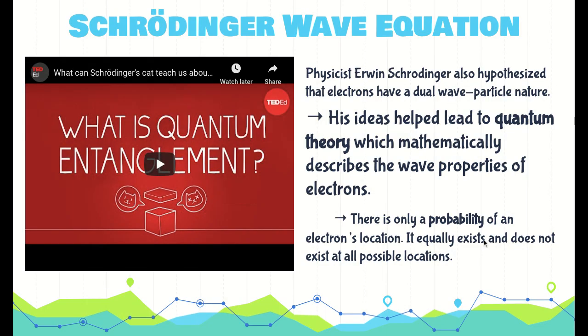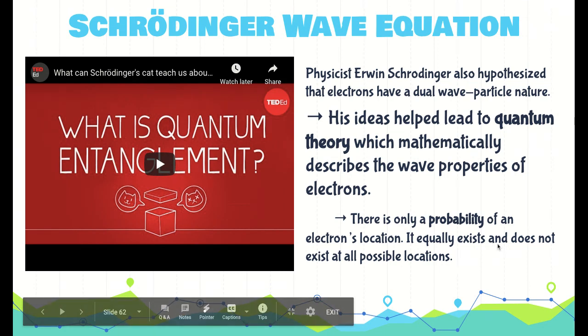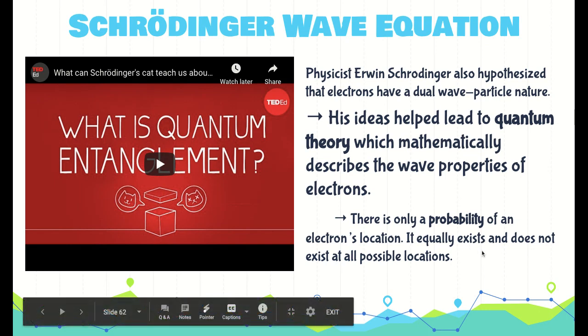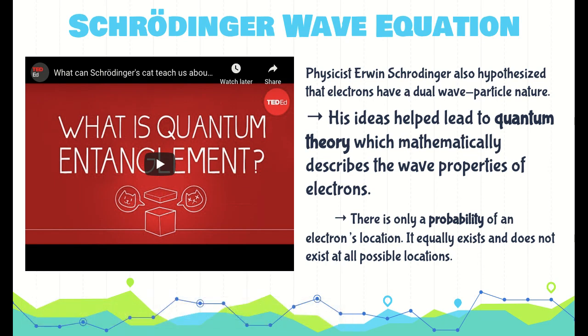So Schrodinger built upon that, saying that there's really only a probability, and we can mathematically come up with a probability of where an electron is located. Same idea as Schrodinger's cat: the electron equally exists and does not exist at all possible locations at all times, because we can't ever know exactly where an electron is.